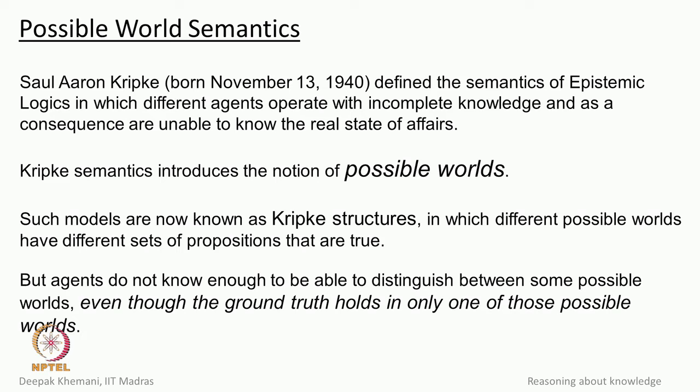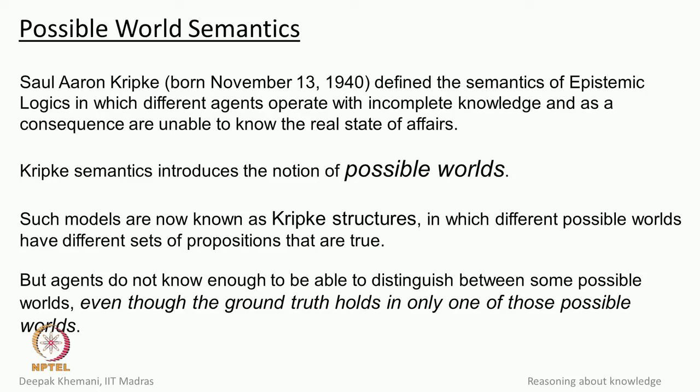So, let us talk about the semantics, that is, how can we talk about semantics in this epistemic logic. The answer that is now most popular is given by Saul Kripke, who was born in 1940, and he defined the semantics of epistemic logics, and remember that we are all working with incomplete knowledge.